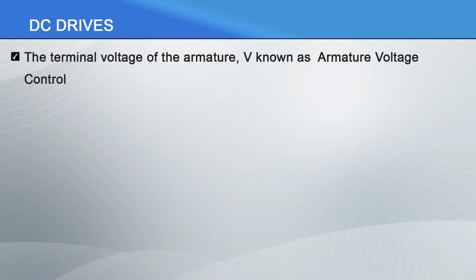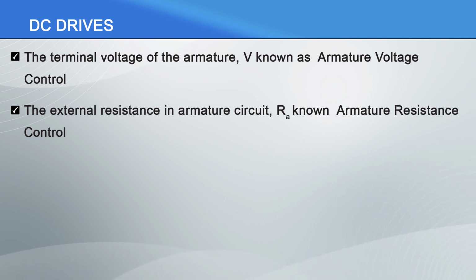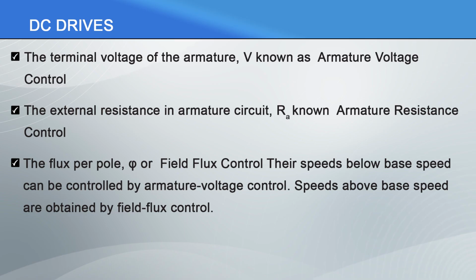Hence, the speed of a DC motor can be varied by changing the terminal voltage of the armature, which is known as the armature voltage control method, and by inserting an external resistance in the armature resistance Ra, which is known as the armature resistance control method. Another method is by varying the flux per pole, which is known as field flux control.